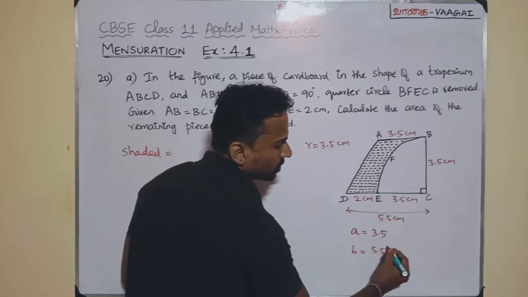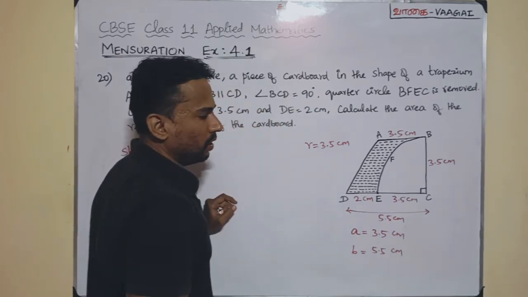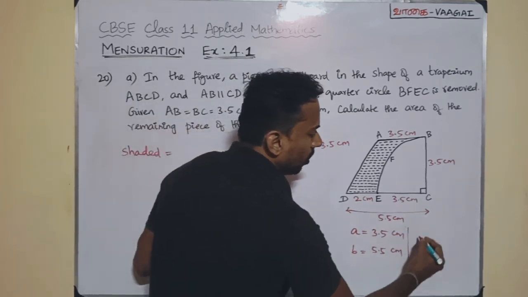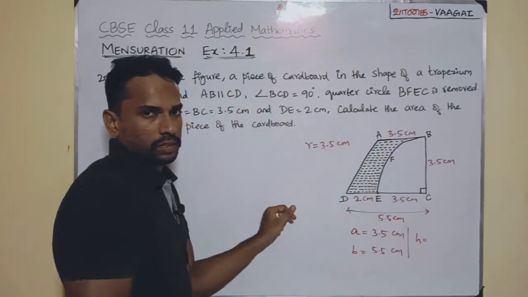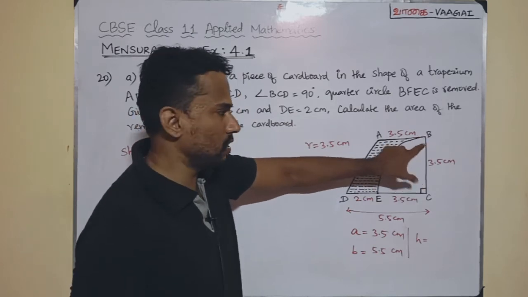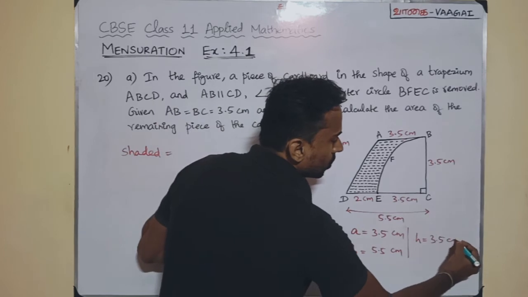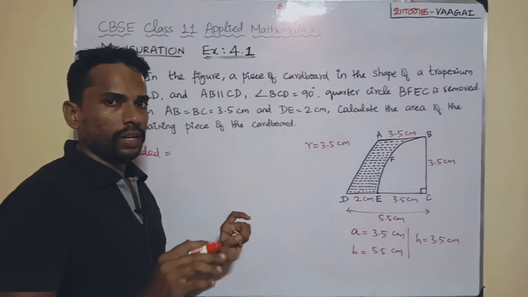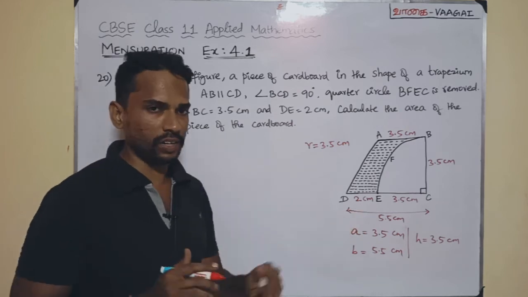So b will be 5.5 centimeter. So a is 3.5 centimeter, b is 5.5 centimeter. And what about the height h? I mean the perpendicular distance between these two parallel lines. That will be nothing but this BC only. This BC is going to be the height, and that is again going to be 3.5 centimeter. So now we have got all the information required to solve the problem, everything we have with us now.